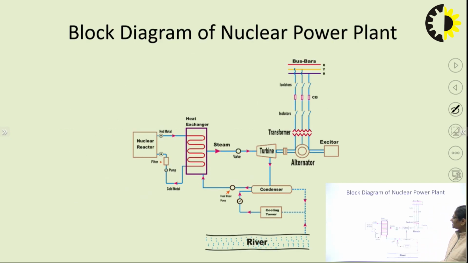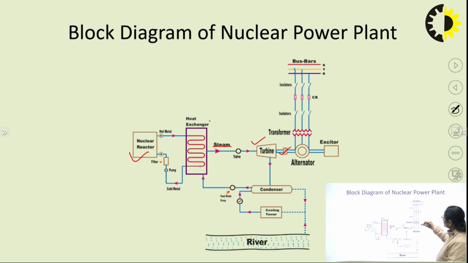The basic schematic representation of a nuclear power plant is here. This is the nuclear reactor, this is the heat exchanger. Through a piping circuit, the coolant flows in the heat exchanger. Heat exchanger contains water. That water gets converted to steam, which is sent to the turbine, which is coupled to the generator.